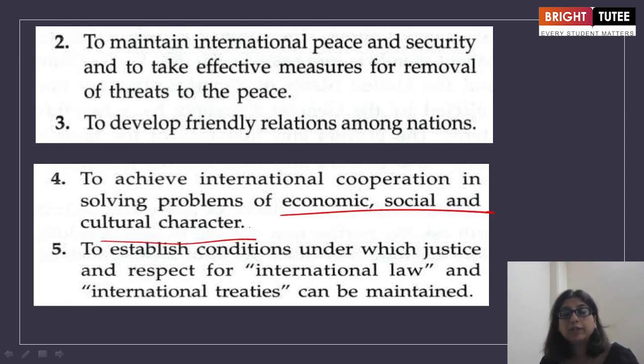And to establish conditions under which justice and respect for international law and international treaties can be maintained.